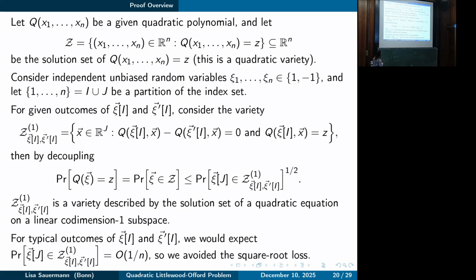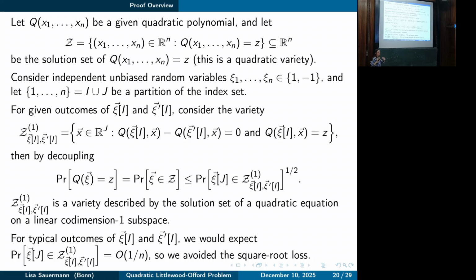So let's analyze what happens here. This variety we look at of course depends on the outcomes of psi I and psi prime I. But for typical outcomes, we can't prove this at this point, but we would very heuristically expect that the probability of this is only 1 over n and not 1 over square root n, because we have 2 equations to satisfy.